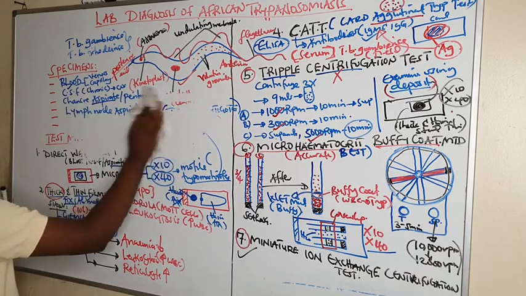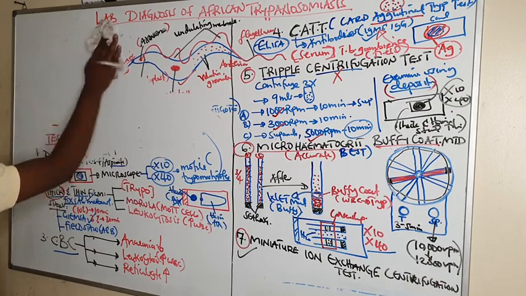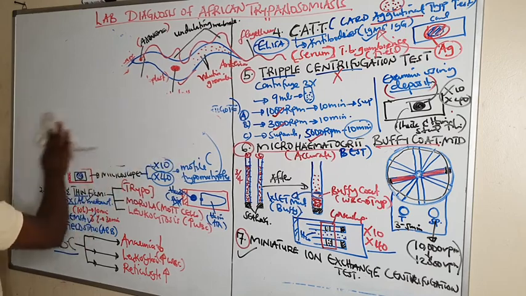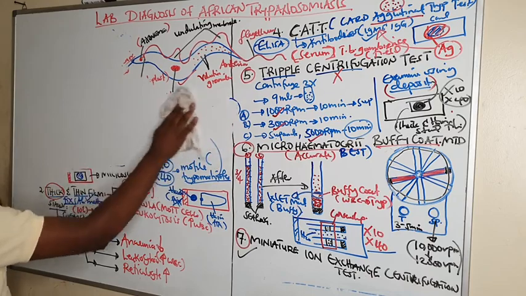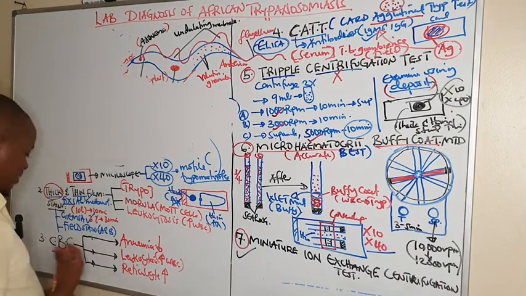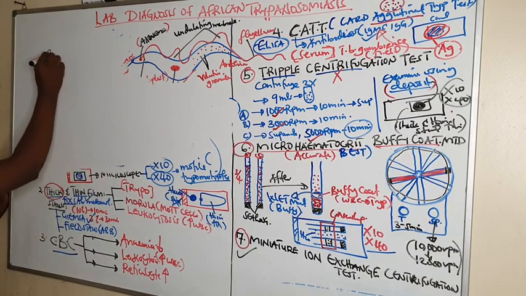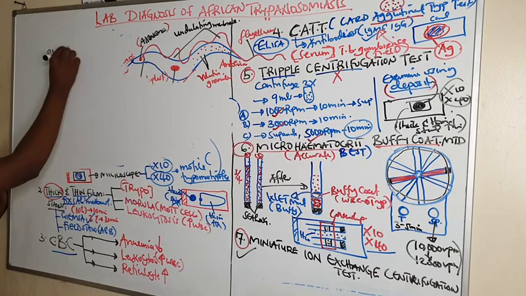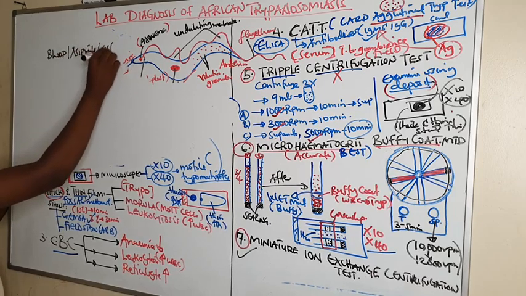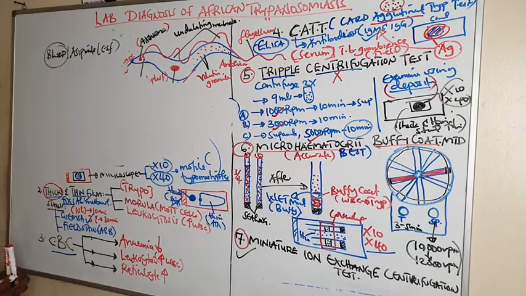In this test, we are using an ion exchange resin, whereby after collecting blood or aspirate or CSF, but majorly we use the blood.